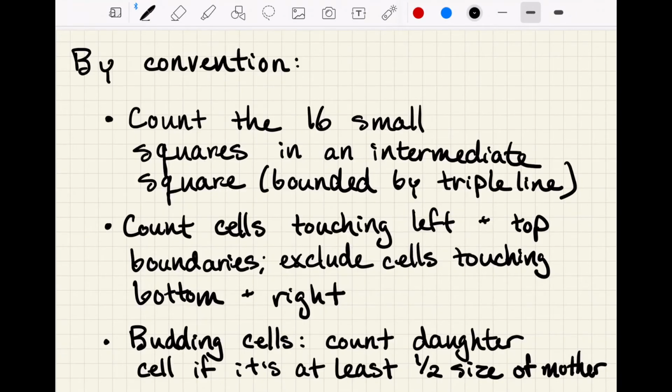Very briefly, the conventions for counting are: count the 16 small squares in an intermediate square, the one that's bounded by the triple line. Count cells touching the left and the top boundaries, but exclude cells touching the bottom and the right. If there are budding cells, count the daughter cell only if it's at least half the size of the mother cell.